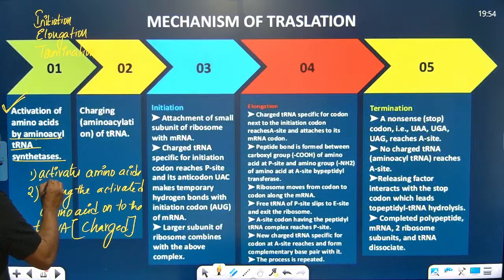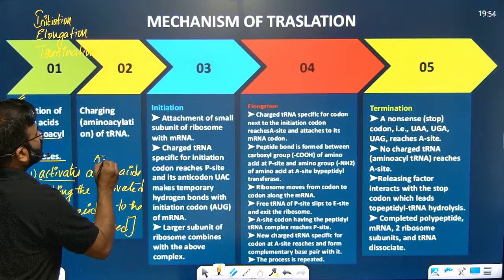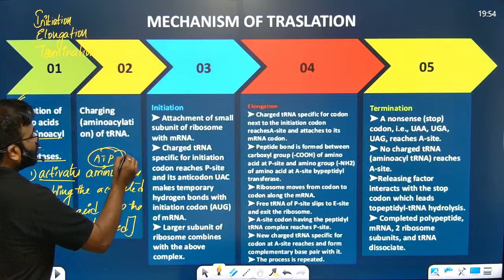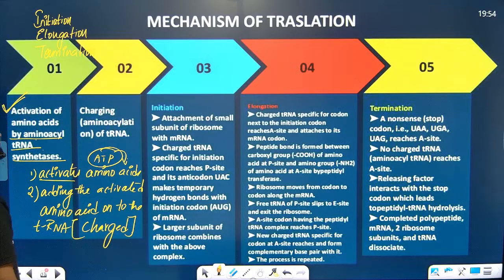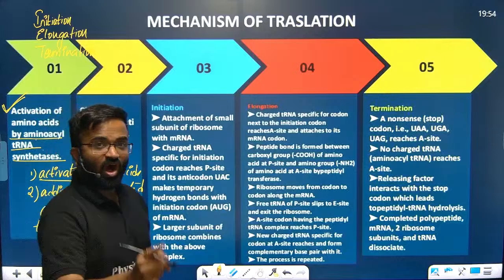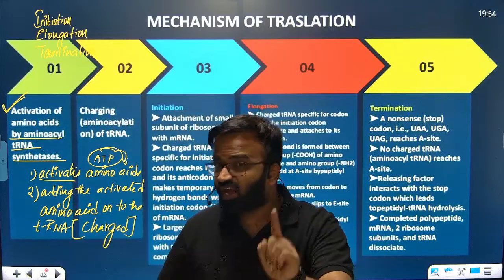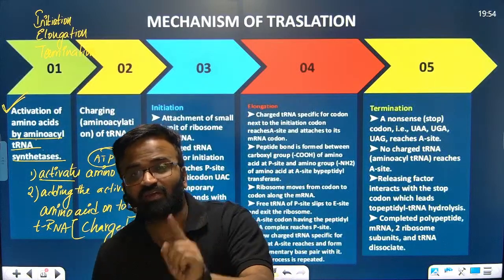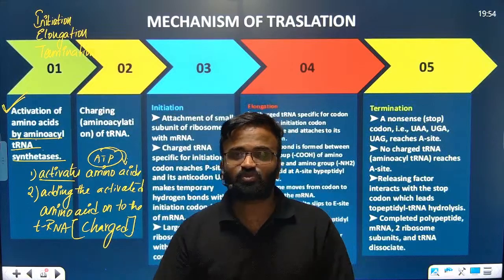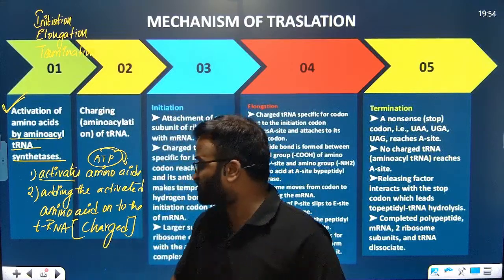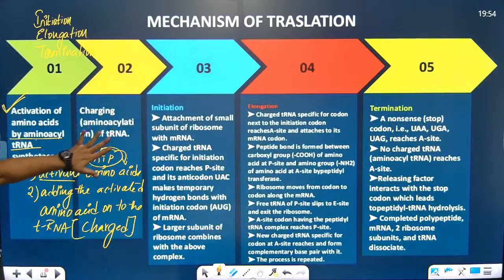Because in this activation of amino acids we use ATP. So when this activated amino acid is added onto the tRNA, where? Onto the 3' end of the tRNA. That's when the tRNA becomes charged. Clear? Is the first and the second one clear?